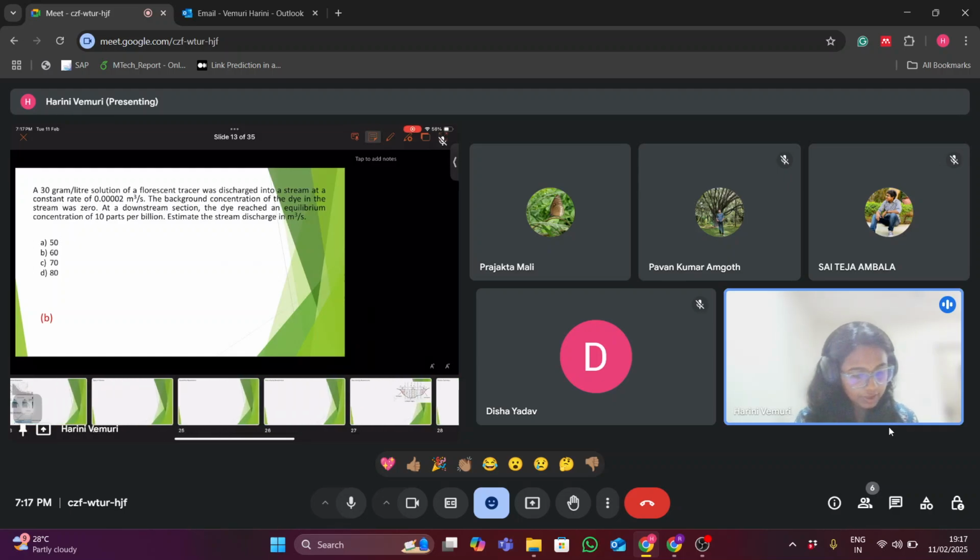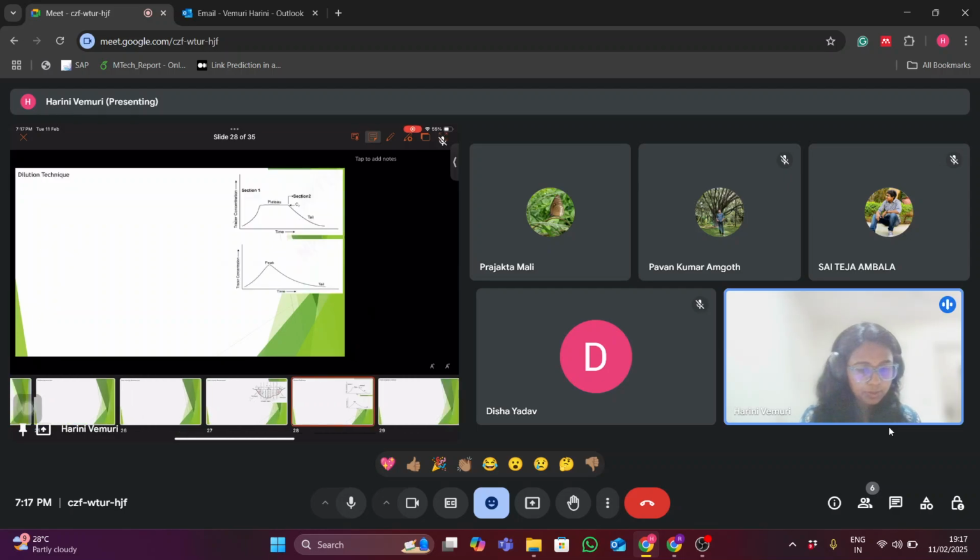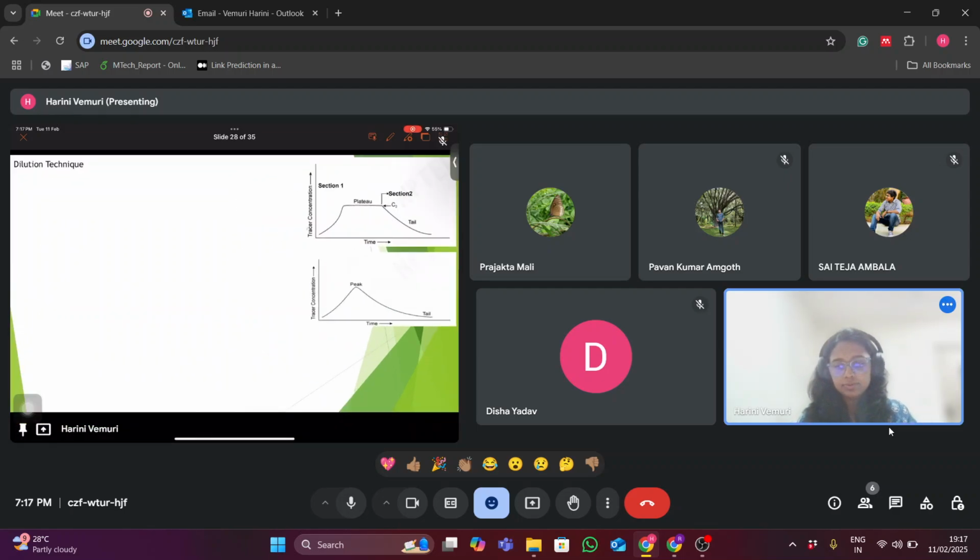Now let's look into other types of stream flow measurements. So now coming to another type of direct method of stream flow measurement, the dilution technique.